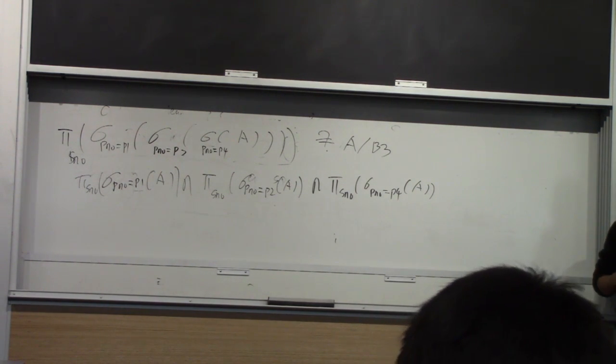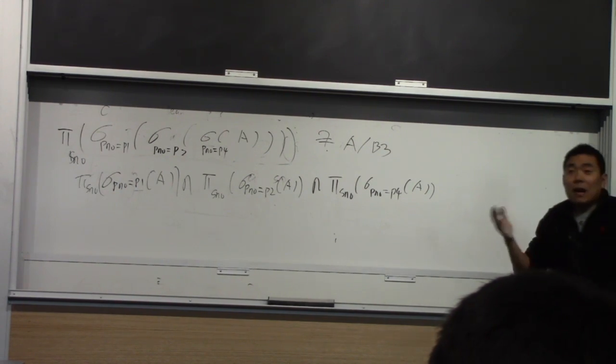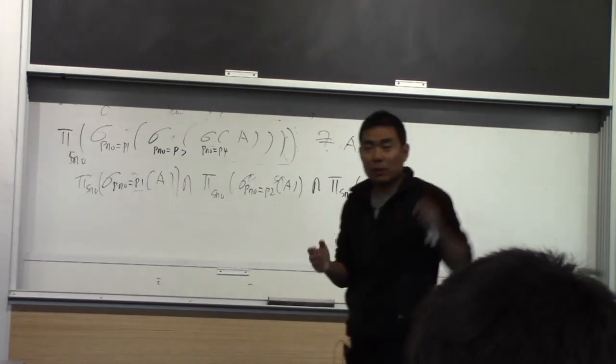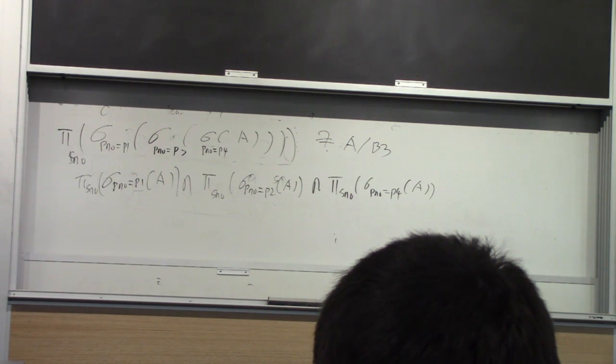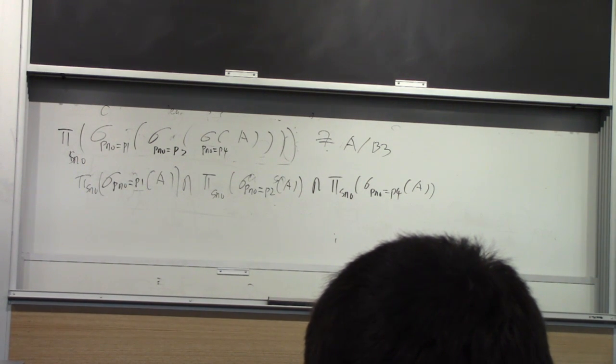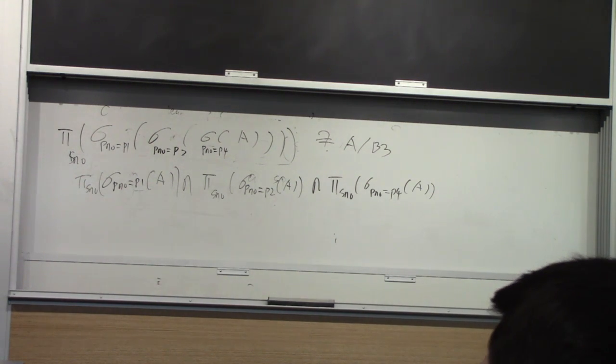Another way of doing it. So you may argue, let me state what I want to say. You may argue, I like this, only selection and projection. I don't want to understand division.